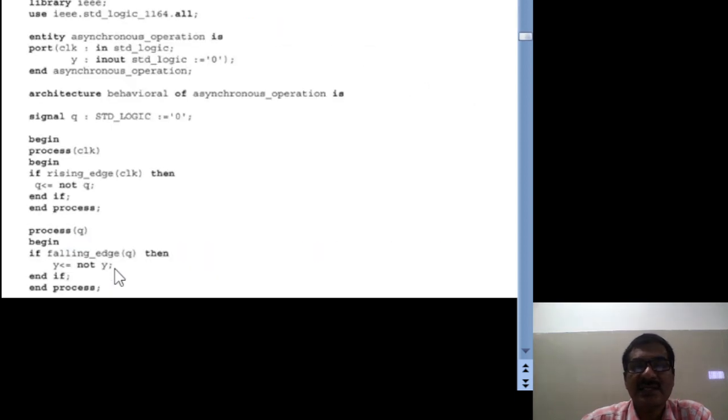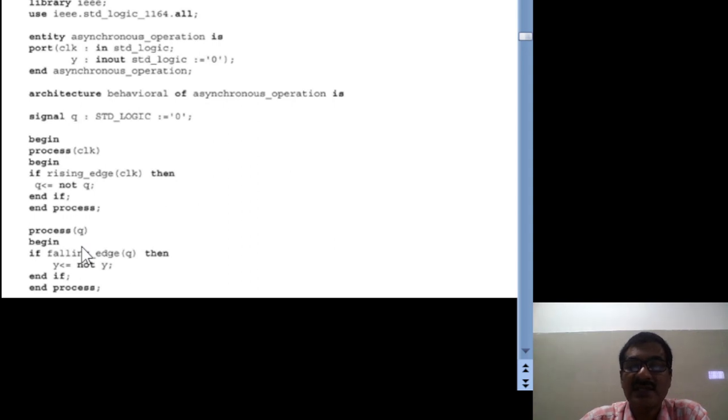But in the asynchronous case, it is not like that. Under the architecture, some operations are with reference to some signal and some operations with reference to some other signal. Observe here: there are two processes. One process has the clock as a sensitive input, and another process has Q as a sensitive signal.